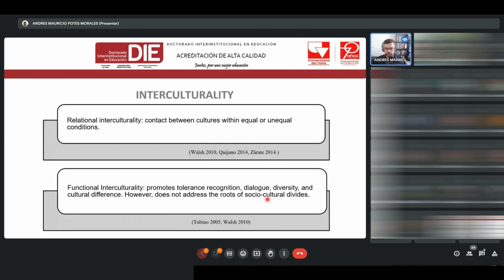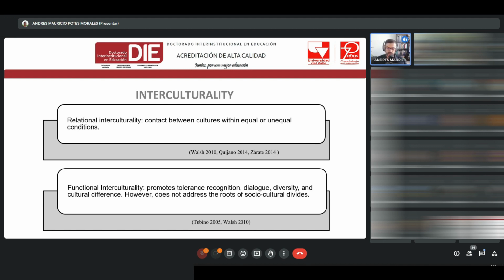Regarding interculturality, authors such as Walsh and Tubino make a distinction. First, we have relational interculturality. Relational interculturality entails the contact between noticeable aspects of culture, which entails values, traditions, and customs. These relations can take place within equal or unequal conditions, which normalize power relations, domination, and coloniality.